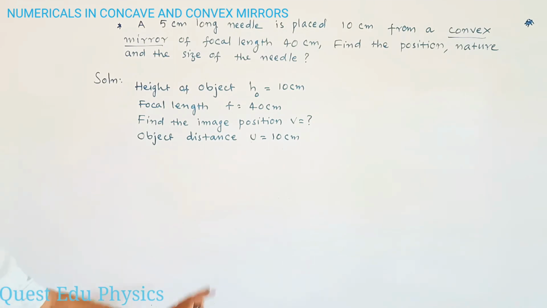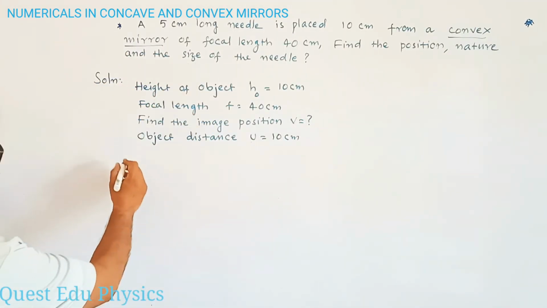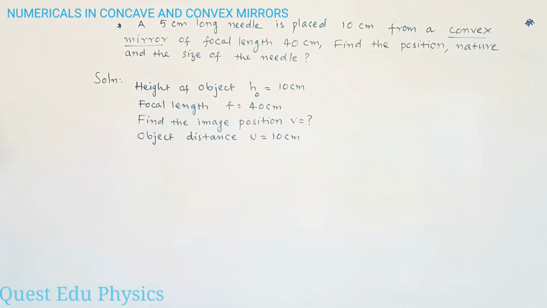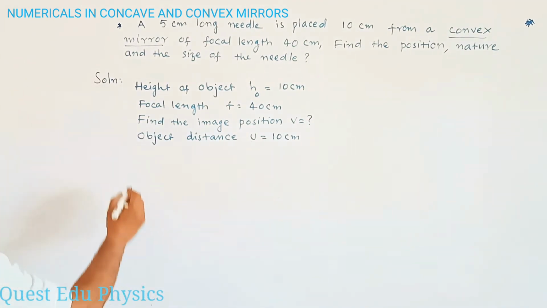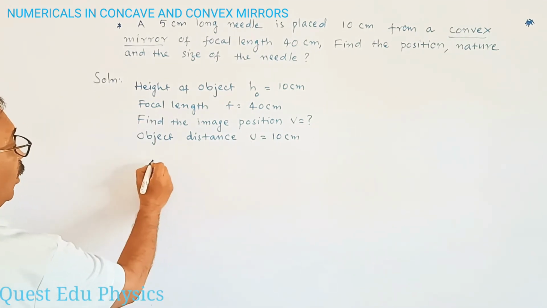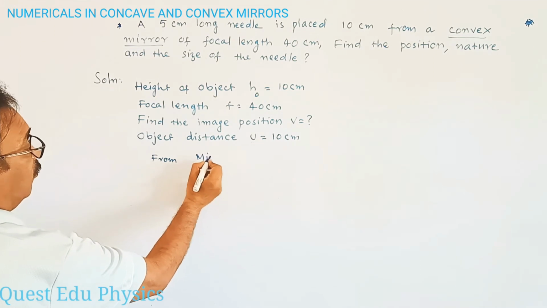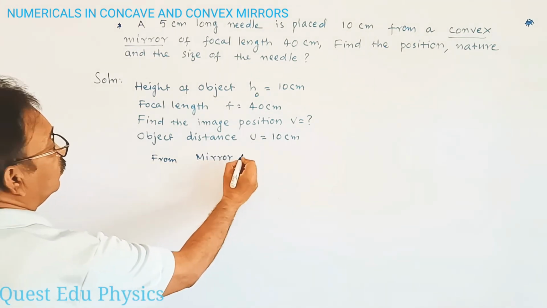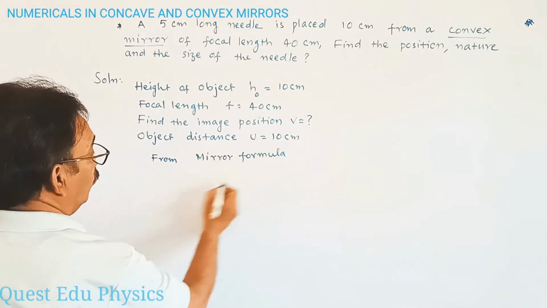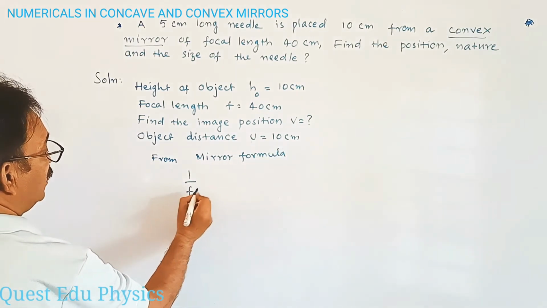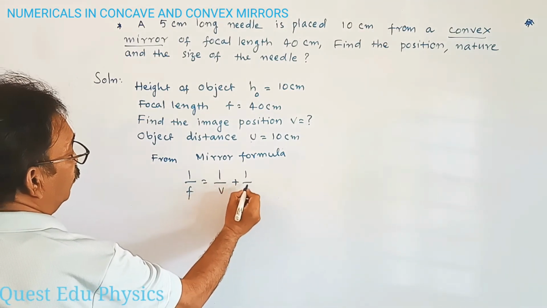These are the quantities given to us, and he is asking the nature and size of the needle, meaning he is asking the magnification and the height of the image. Let's use the mirror formula. One by F is equal to 1 by V plus 1 by U.